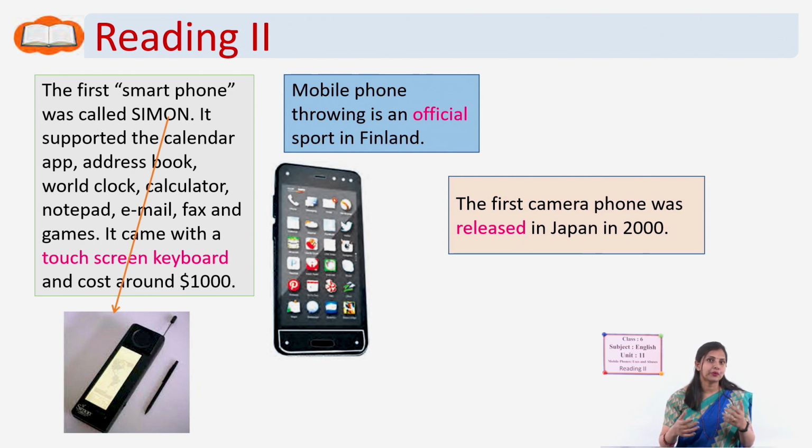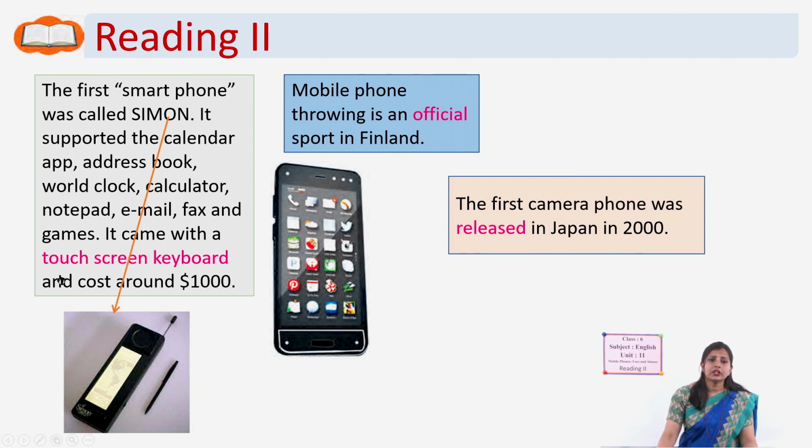It was called Simon. It supported the calendar app, address book, world clock, calculator, notepad, email, fax and games. Almost all the facilities that we have now in our mobile phones. Now mobile phones have some more, but these things are still found in our phones.